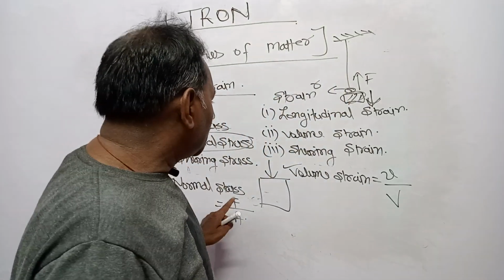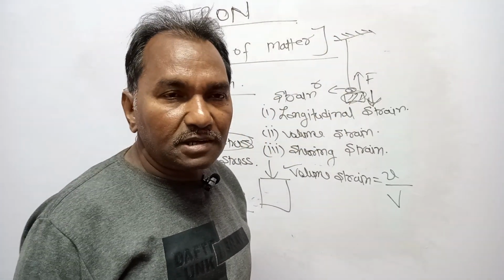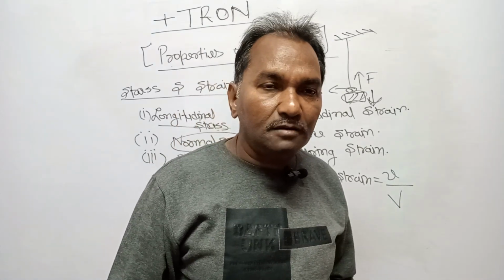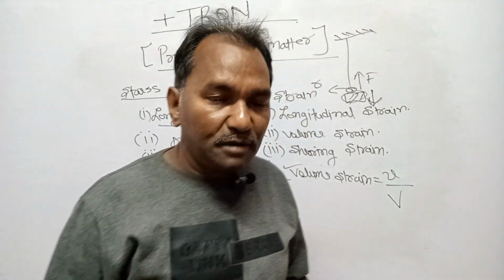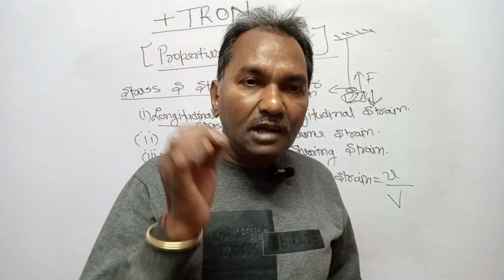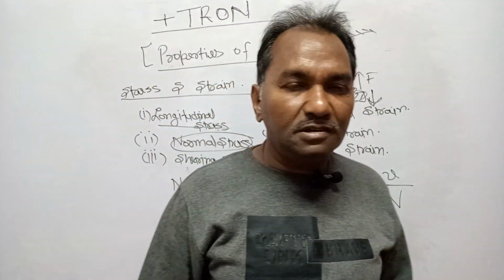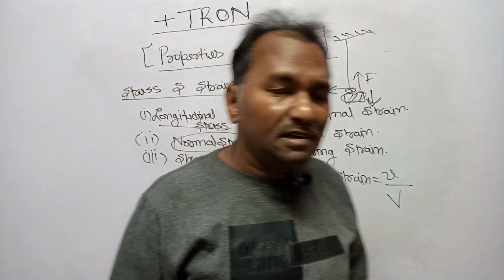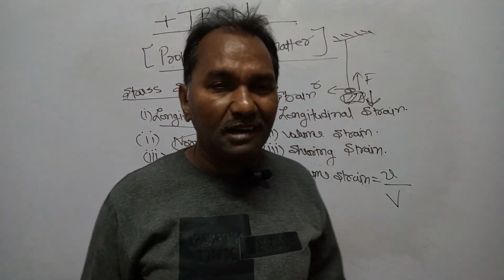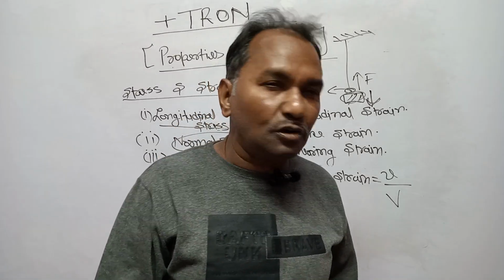P is equal to normal force acting per unit area. It is not just the force per unit area. When you define pressure, you always say the normal force acting per unit area is said to be the pressure. Normal stress, I have said just before, actually stress is not the pressure.